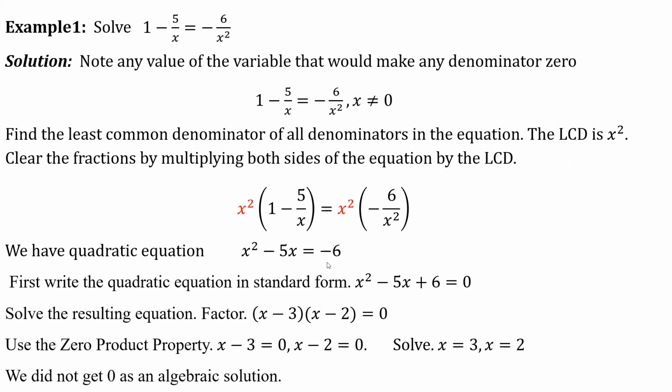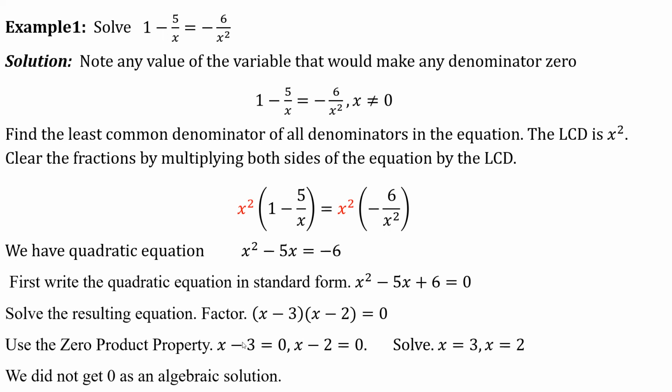We have this quadratic equation. First, we write the quadratic equation in standard form and solve it using the respective methods of solving quadratic equations. In this example, we use the factoring method.